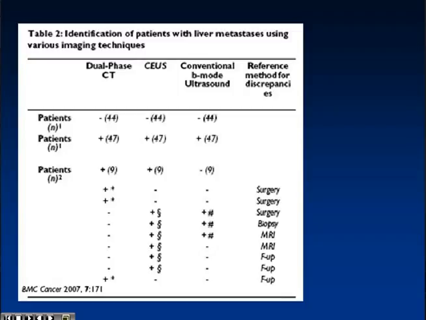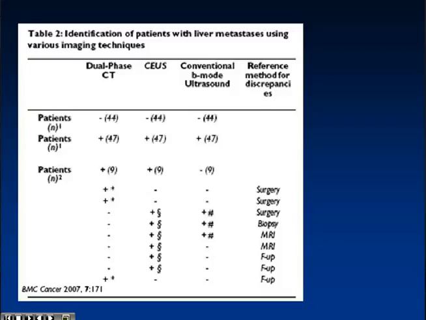So these were consecutive patients. You see that in about half of the cases there was concordance of no lesion. On another high number of occasions there was concordance in the number of lesions. Patients with more than 4 metastases detectable at ultrasonography were discarded because there were already too many.